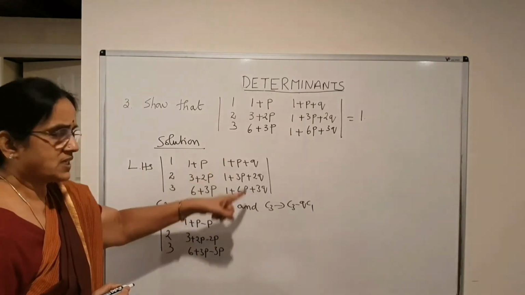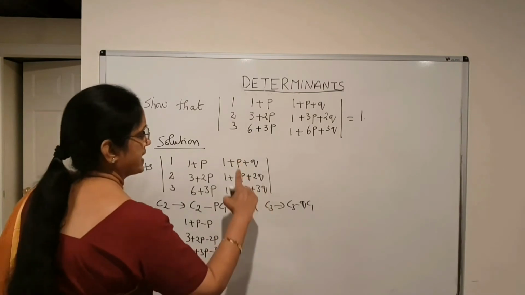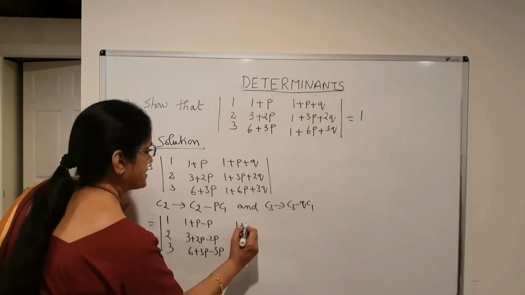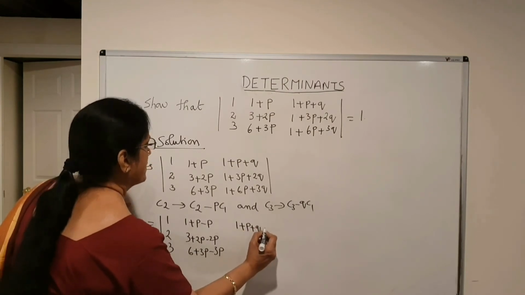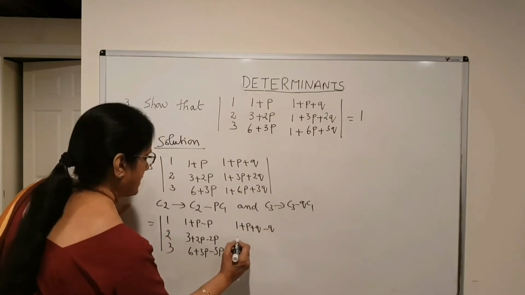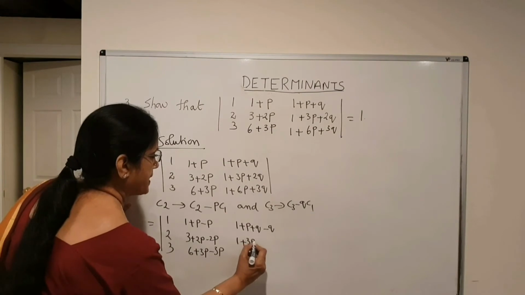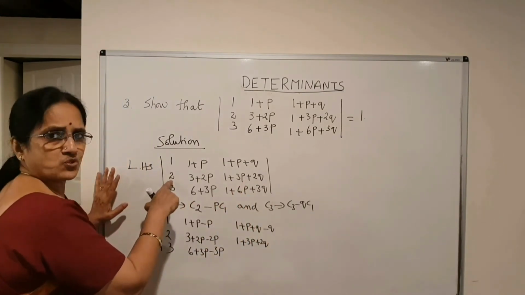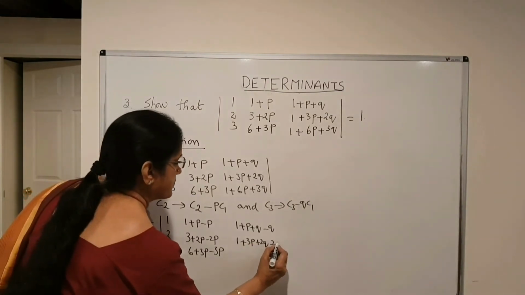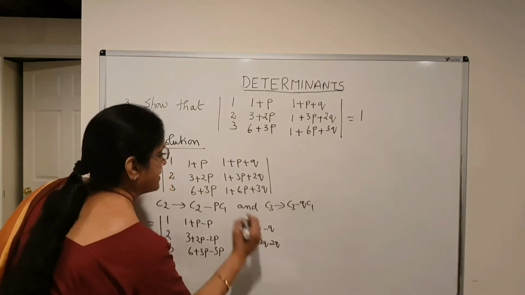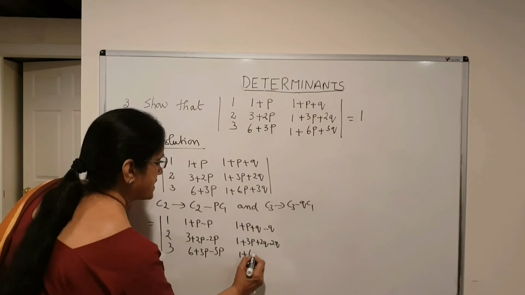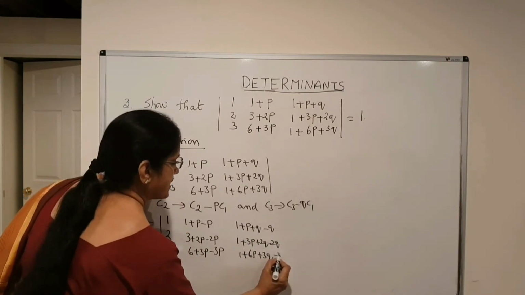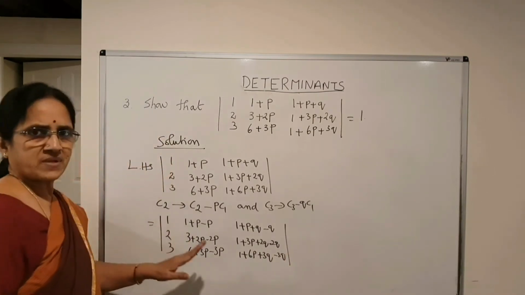What will happen to third column? It is C3 minus Q times C1. So, 1 plus P plus Q minus Q. Then 1 plus 3P plus 2Q minus Q times 2, that is 2Q. Then 1 plus 6P plus 3Q minus 3Q. This is what I am getting.